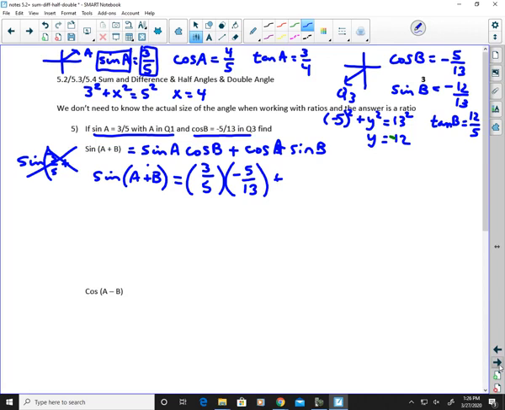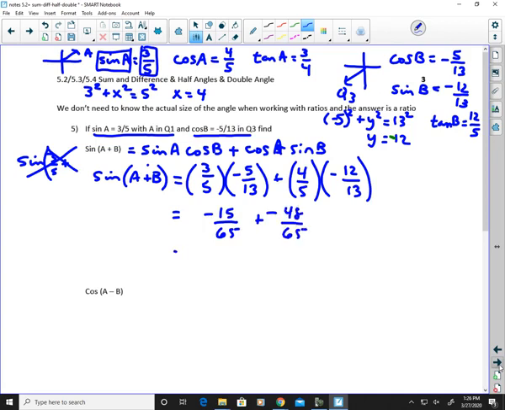On the other side of cosine A is 4/5. And the other side of sine B is negative 12/13. Imagine those little cards in your hands. Okay, let's see. This is 15 over 65 plus a negative 48 over 65. That becomes negative 63 over 65.